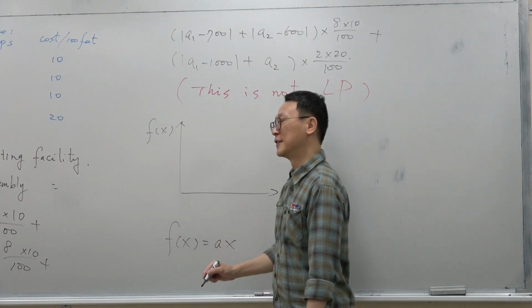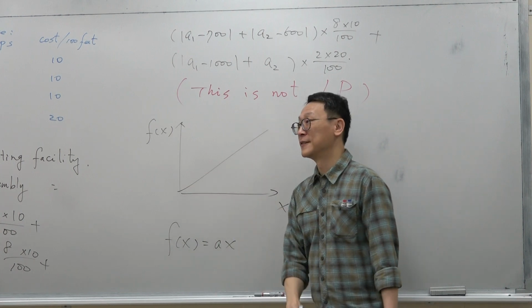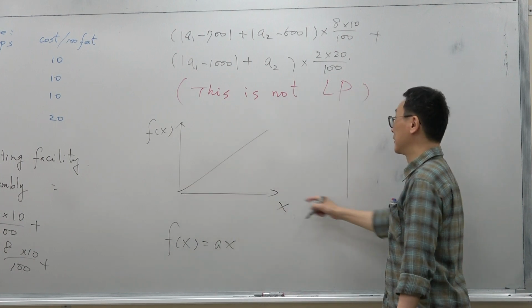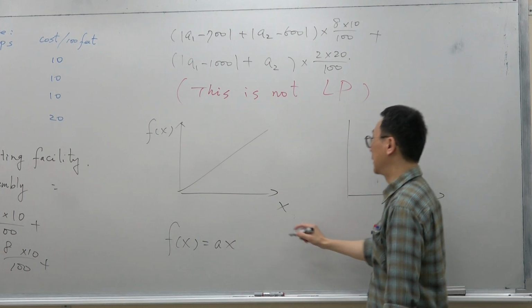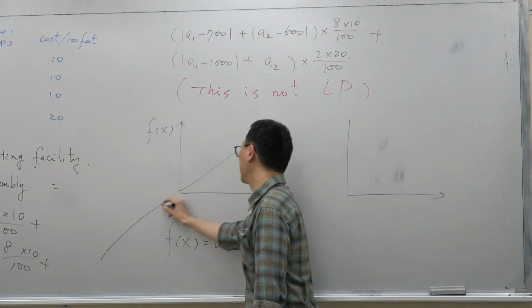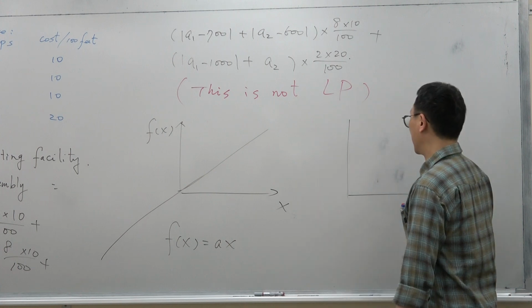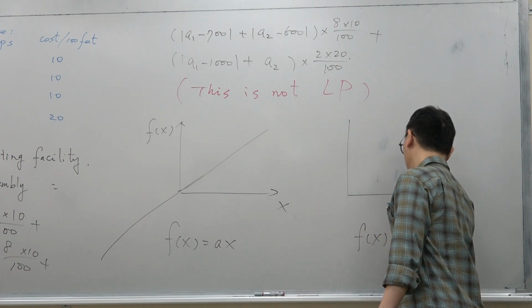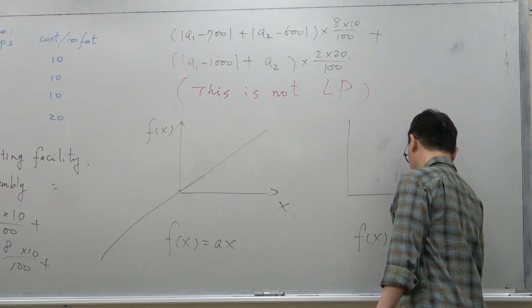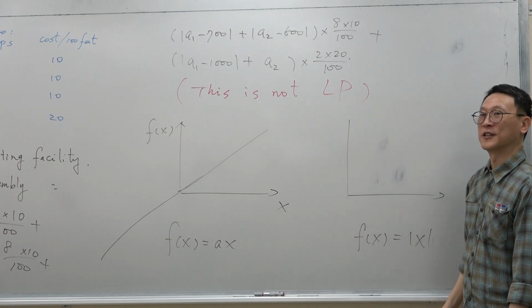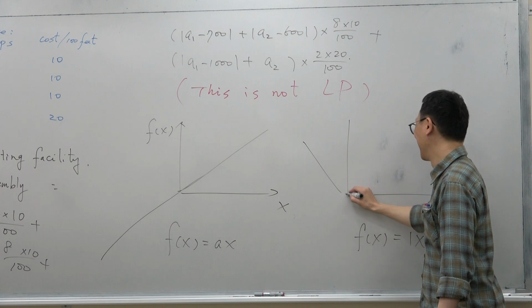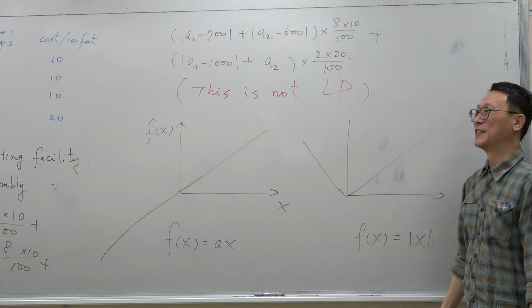That's what it looks like. A straight line is linear, right? But f of x equal to the absolute value looks like this.